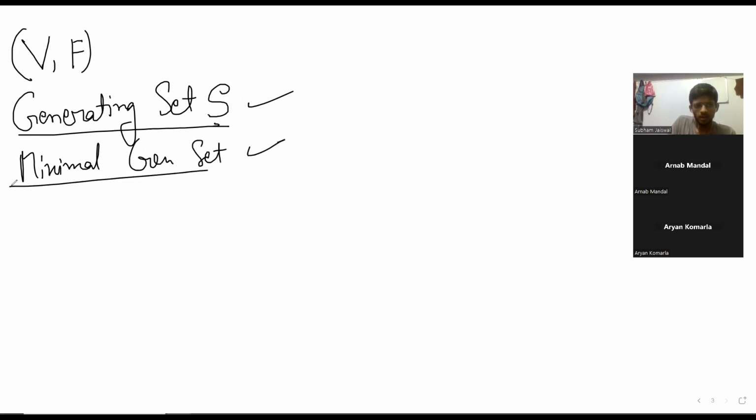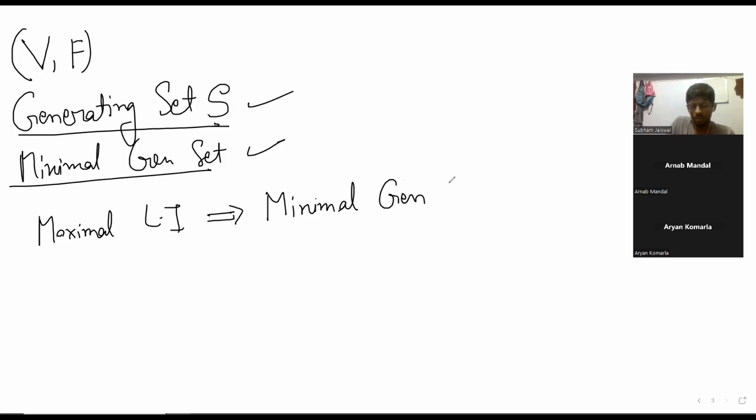Now you show that a maximal linearly independent set implies that it is a minimal generating set. So you should first show that it's a generating set, and then you can show it's minimal. Why is it a generating set?